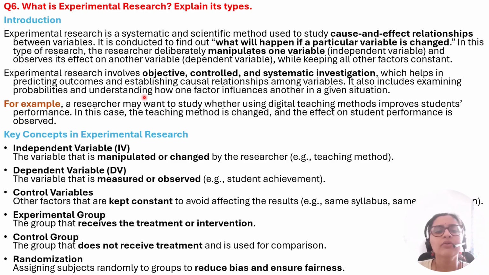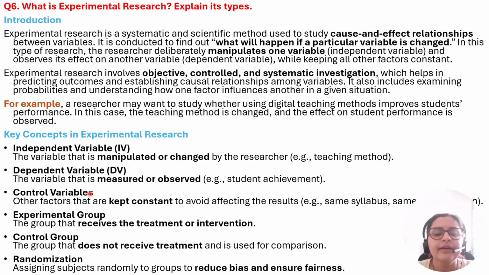Now what are the key concepts in experimental research? First is the independent variable. These are various terms that are used in experimental research. Independent variable is the variable that can be manipulated or changed.